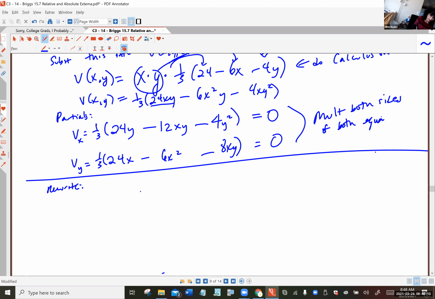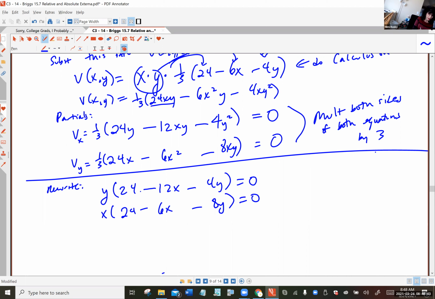I killed it off. Okay, now what? If I factor out a y as a common factor for the partial with respect to x, Vx, that is, the other factor is 24 minus 12x minus 4y. You'll see in a moment why I'm doing this. And from the other partial, I'm going to factor out a common factor of x. Still set that equal to 0.